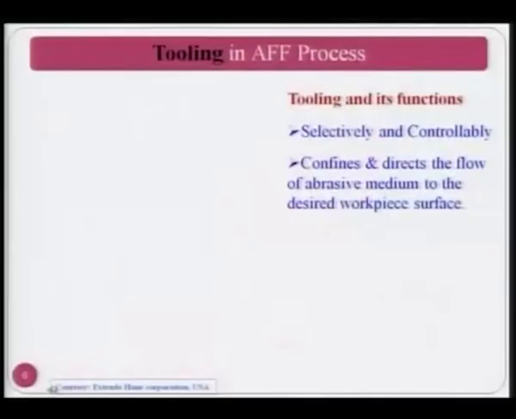And tooling also confines and directs the flow of abrasive medium to the desired workpiece surface area. Wherever you want finishing, only there you can pass the medium with the help of the tooling. The rest of the area of the workpiece need not be subjected to finishing according to the requirement of the product.